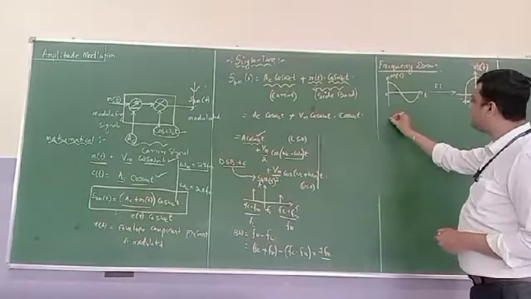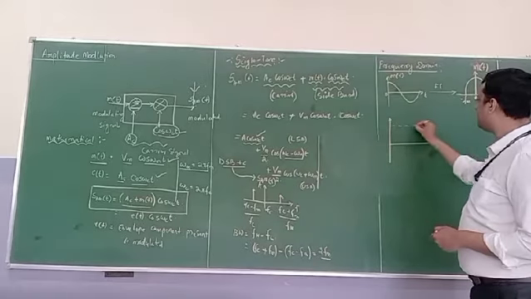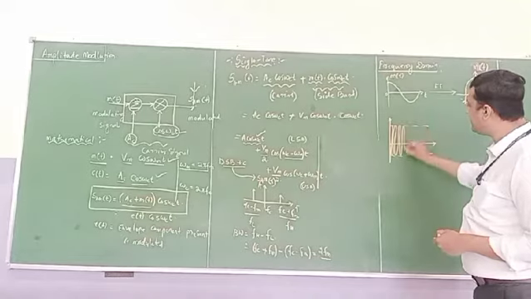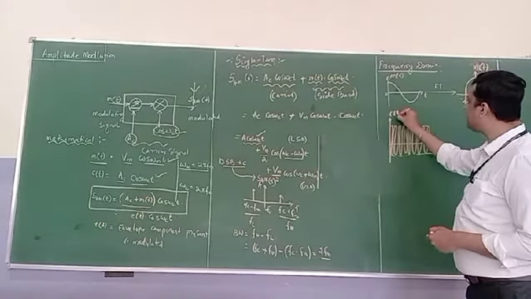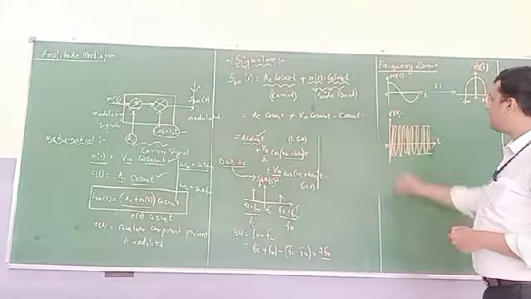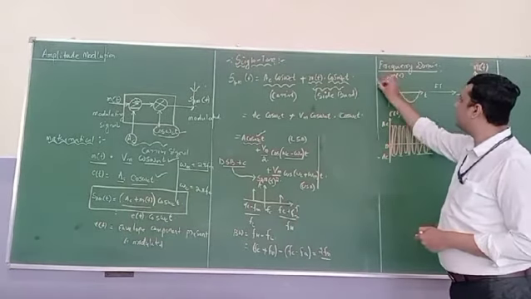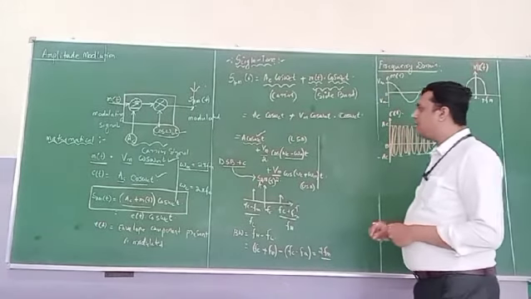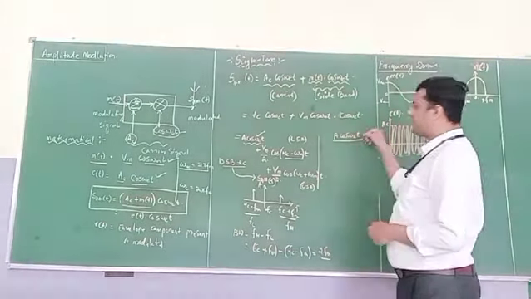Similarly, if I consider the carrier, we have seen that the carrier has a higher frequency compared to the modulating signal. So this is my c of t against t. This is 0 and this is the amplitude Ac, with peak to peak plus Ac and minus Ac. Now, as we know, A cos omega c t is the carrier component.